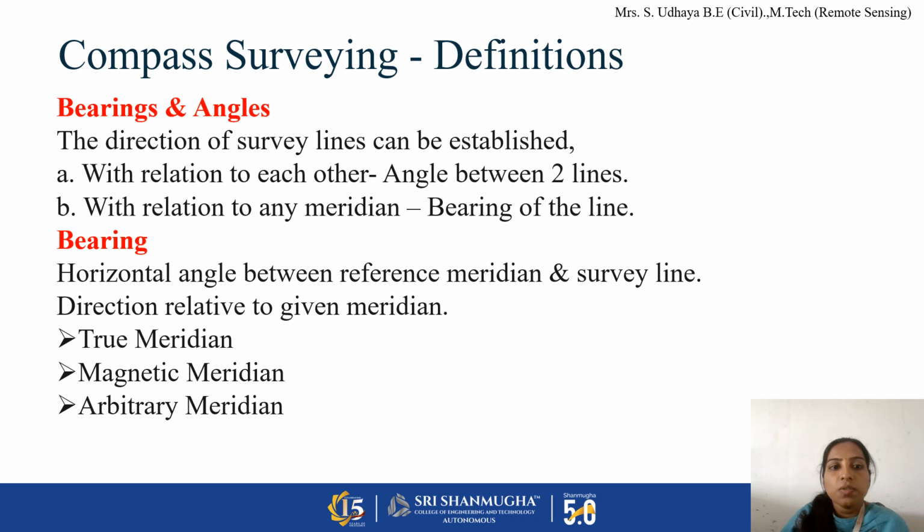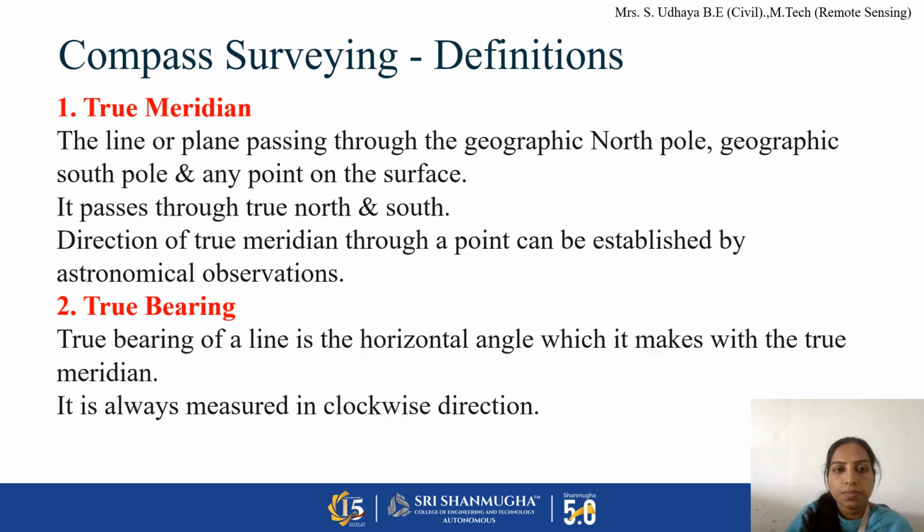We have three types of meridian as well as three types of bearings. Meridians: true meridian, magnetic meridian, arbitrary meridian. Similarly, bearings: true bearing, magnetic bearing, and arbitrary bearing. Now let me explain what is true meridian. It is the line which is passing through our Earth's North Pole and South Pole.